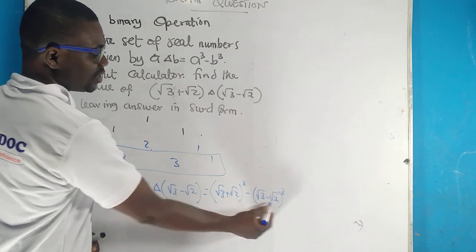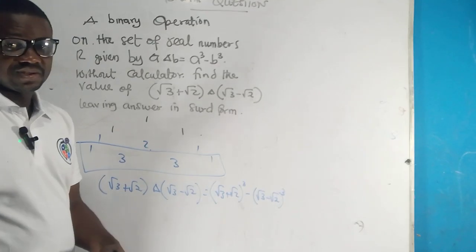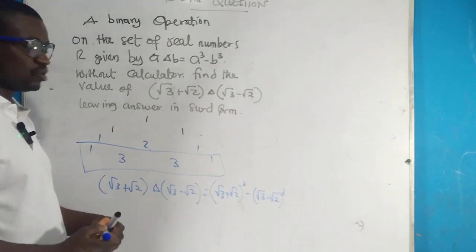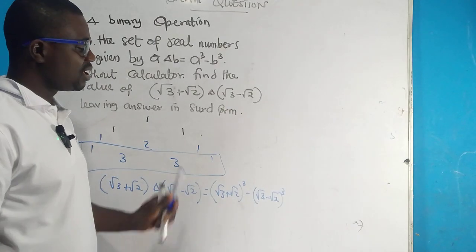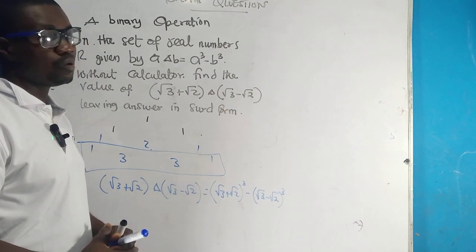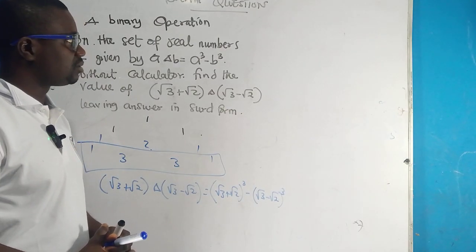So we are supposed to expand this and then simplify. Before we can do the subtraction, we have to take each term one after the other and expand them.